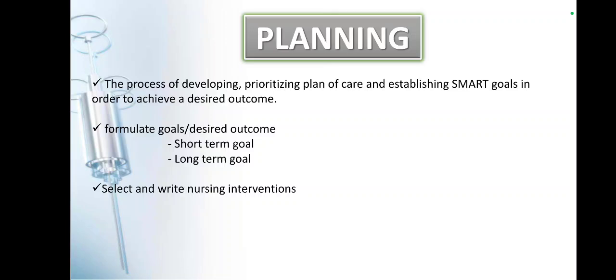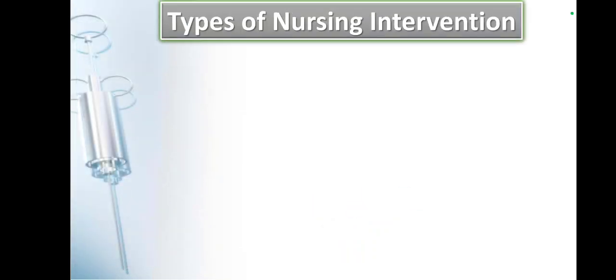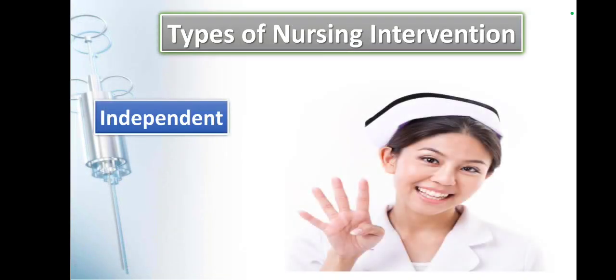Now, here in the planning phase, you will identify different interventions that can be implemented or given to your patient. In selecting your nursing interventions, we have 3 types that we could select. First, we have your independent nursing intervention. This is very important because these are nursing interventions solely implemented by the nurses.